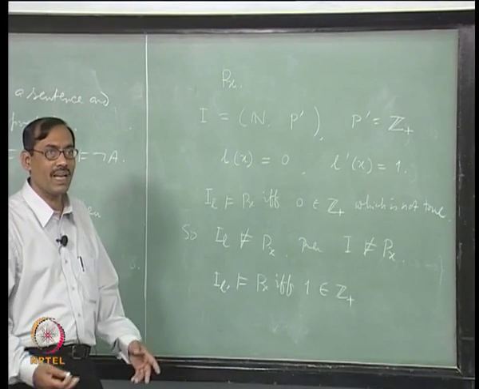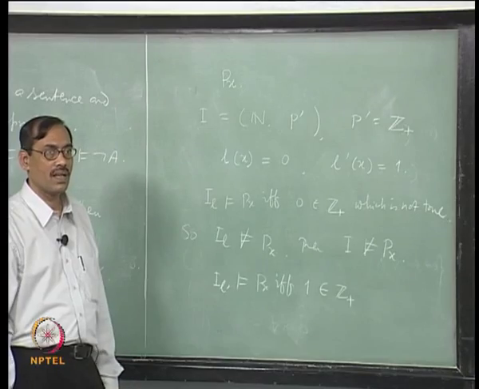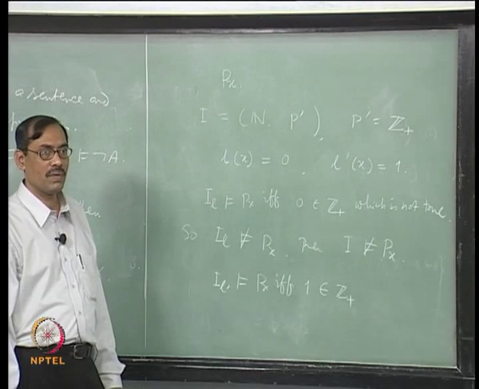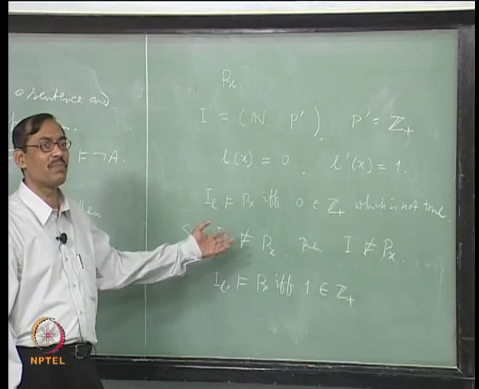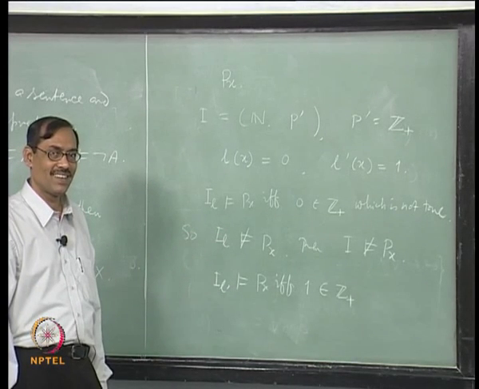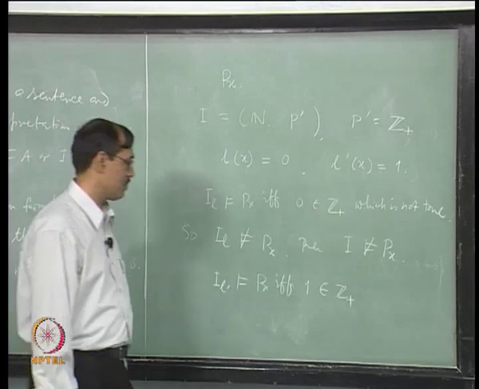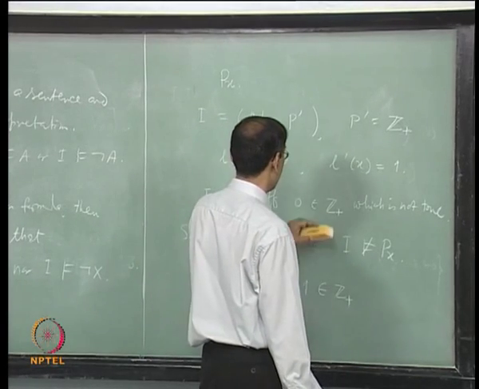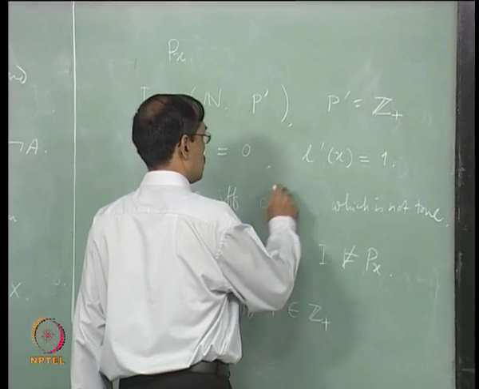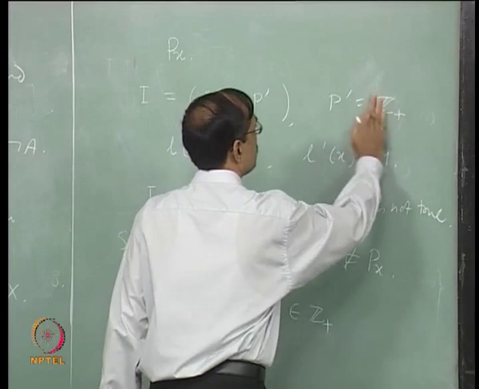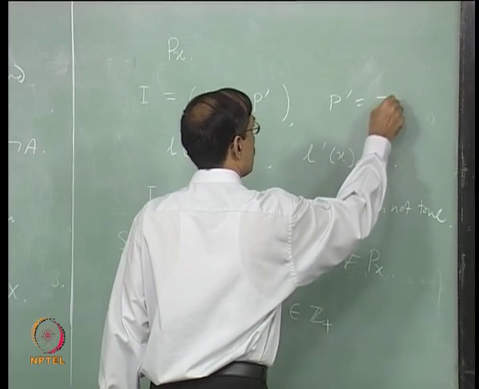Well, at least one more element we need which should not be there. So, we can construct P prime to be everything bigger than or equal to 2, right. Then take L prime x equal to 1. Is that okay? Or to see it a better way, let us take Z plus as, sorry, not here, P prime, this is sufficient.